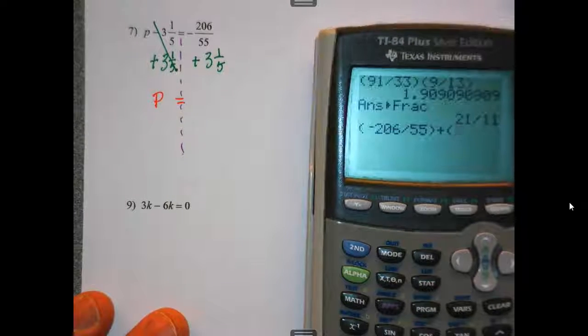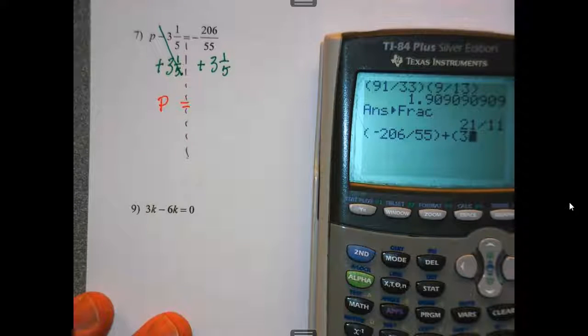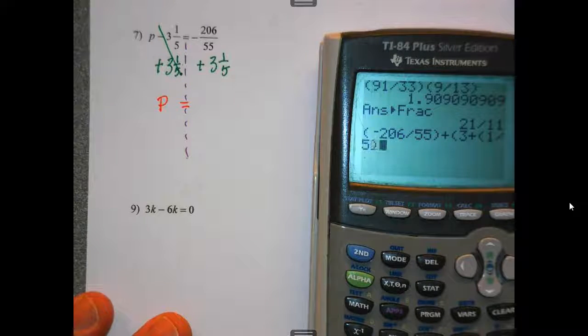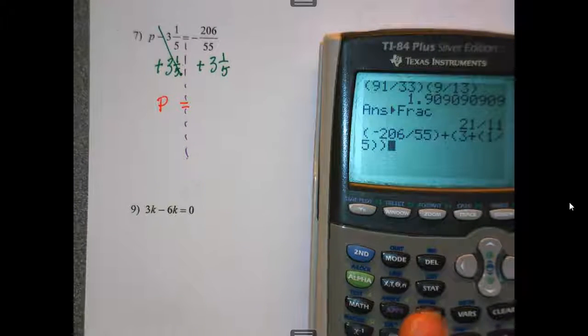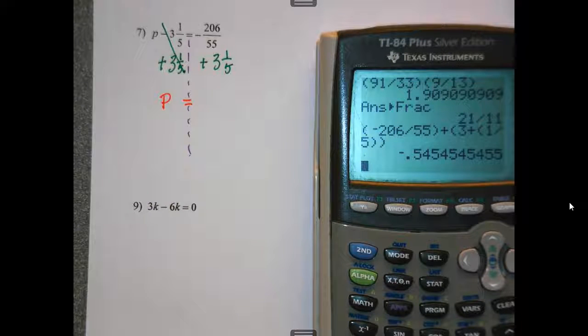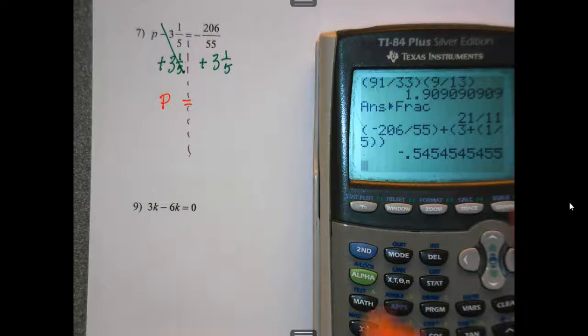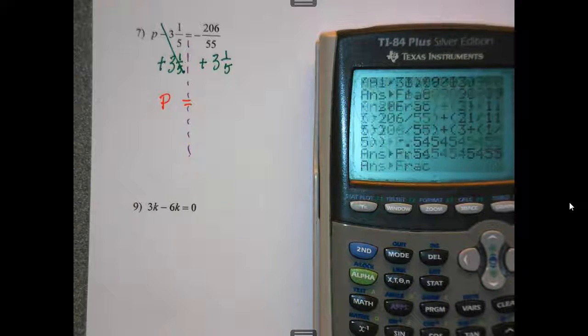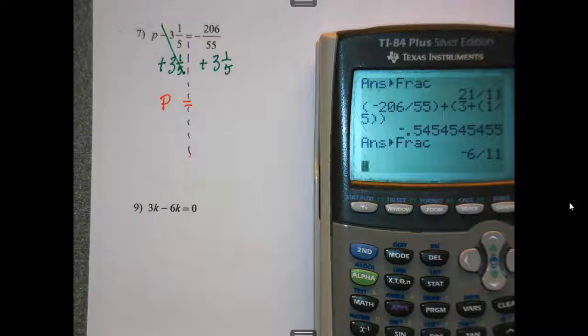I'm going to put 3 plus 1 divided by 5, and you have to use a double parenthesis. Got it? You should have a calculator and be doing this so you know how to do it on a quiz or a test. Hit enter. There's my decimal, and then I'm going to have to hit math, enter, enter. I get negative 6/11.